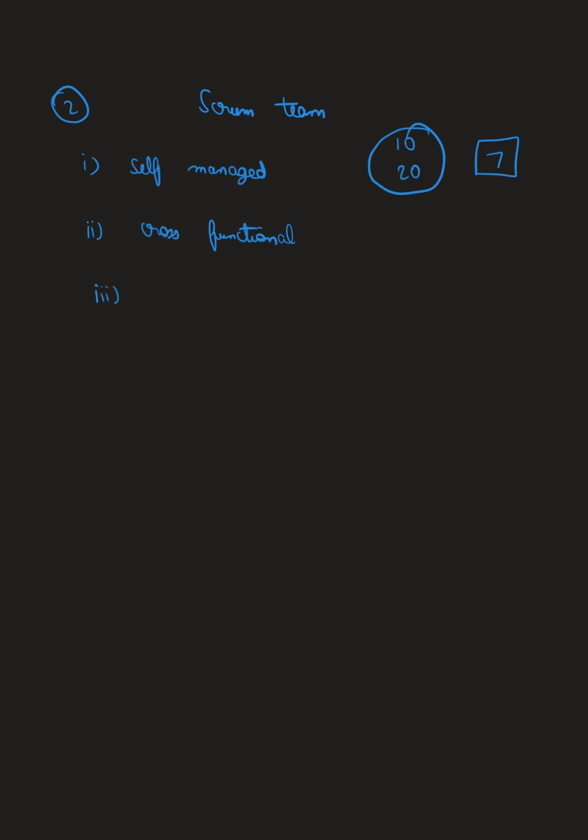Now let's come to other points. A very important point: there are no sub-teams, there are no sub-hierarchies in your Scrum team. What does it mean? See, this is a little tricky. As per Scrum guide, there are no testers, no coders, no designers.